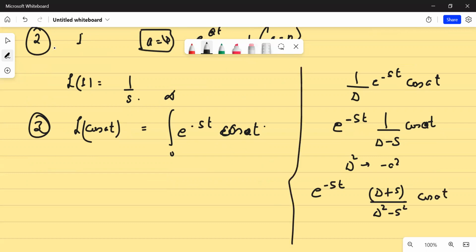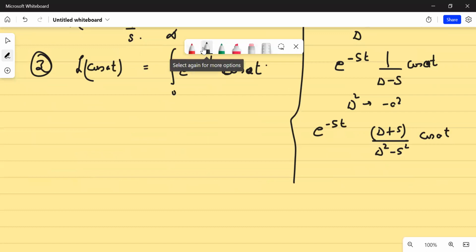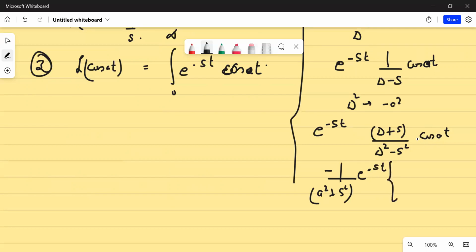So what will happen after all? Instead of D square, you have to replace minus a square. So it will become minus 1 upon a square plus s square, e to the power minus st. And then what will be D plus s? Derivative of cos is a sine at with a negative sign here, and then plus s cos at.